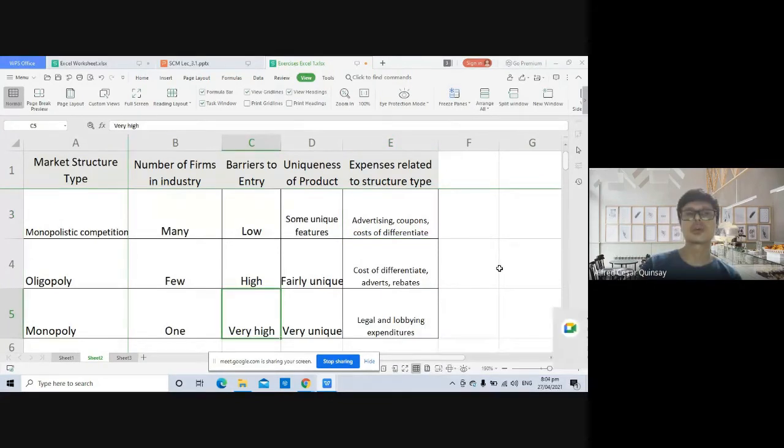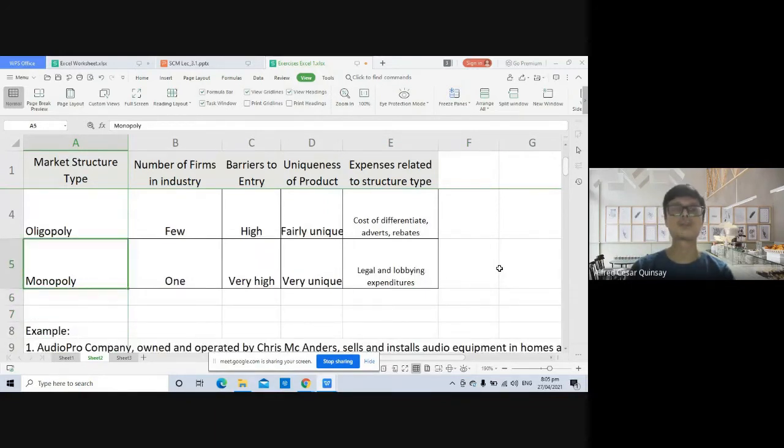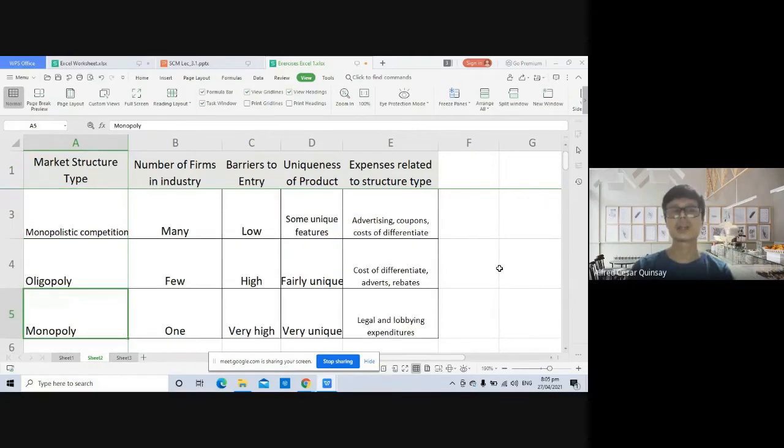Okay, so that's why yung barriers to entry is very high and uniqueness of product is also very unique, no? Okay, so hindi basta-basta ka makakapasok dito. Okay? So you need a specialized talent and investment, no?